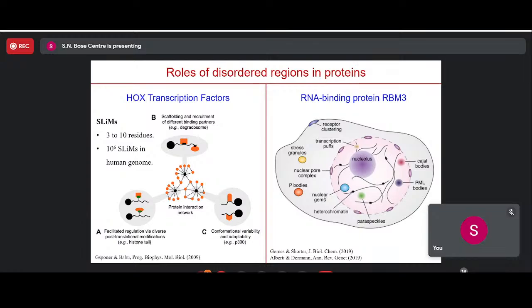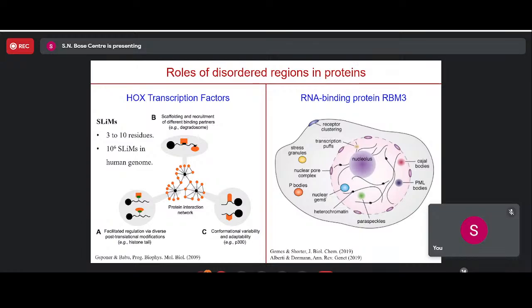So we started working with this particular protein, RBN3, in the last couple of years, and we think that it also forms phase separation. But anyway, I will not get time to talk about this. It's just to show that these disordered sequences can help in function in these two major ways.